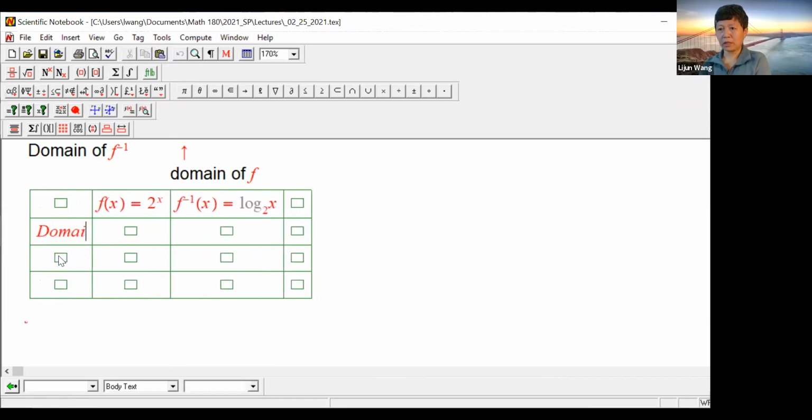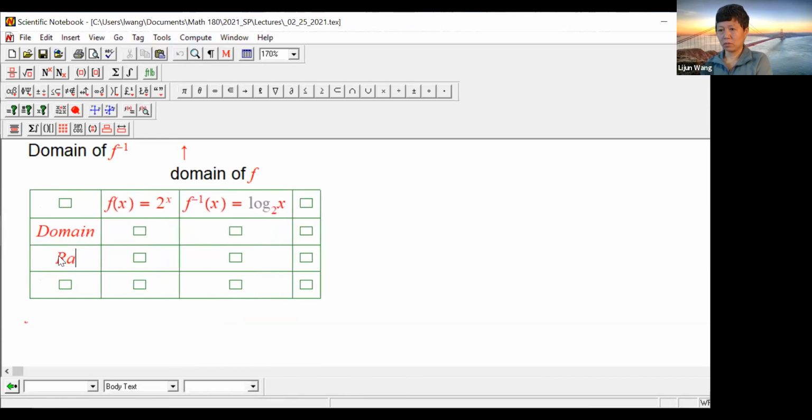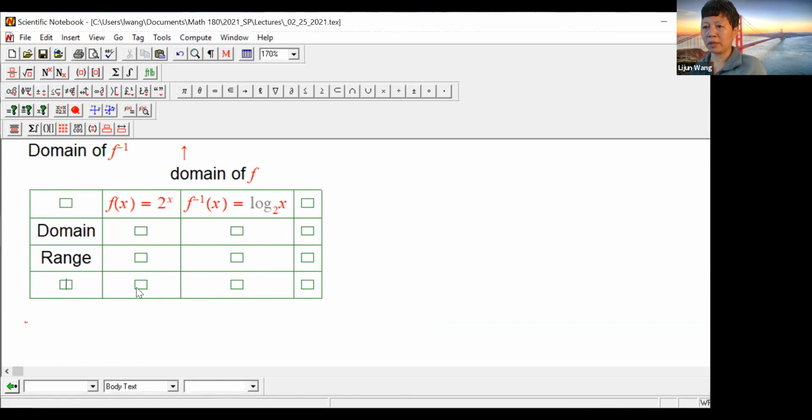You know their domain and range, do you? And now I want you to do the composition. So you put in the domain and range there.